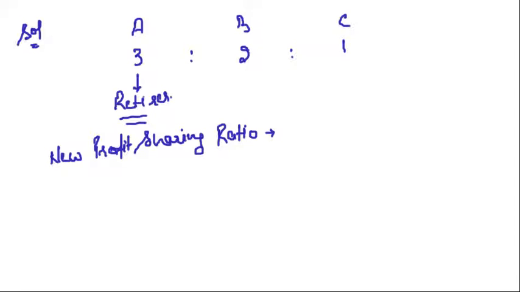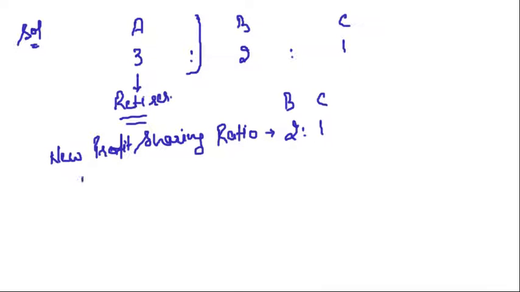We are not given the ratio in which the remaining partners are acquiring the share. I told you in that case the new profit sharing ratio will be equal to the old ratio of the remaining partners. So the new ratio will be 2:1 between B and C.